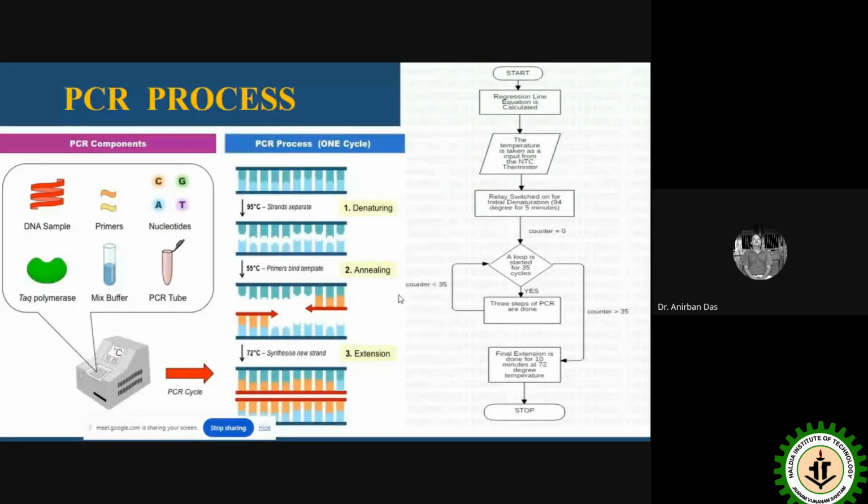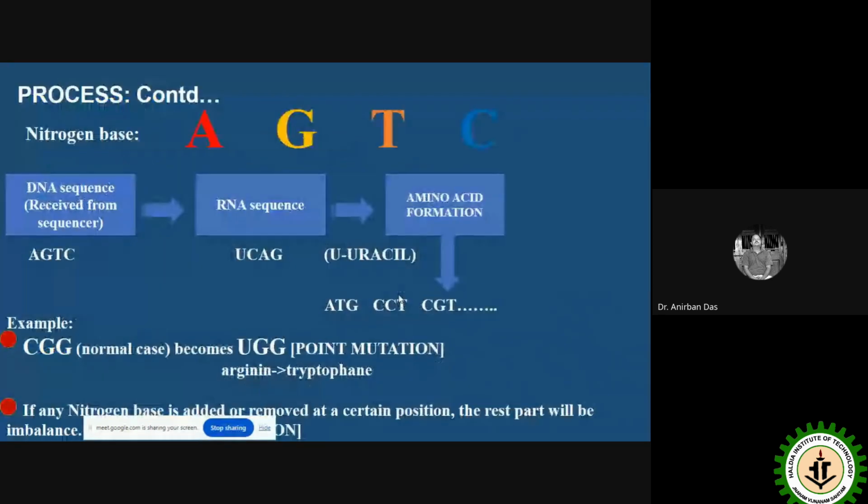I'm not going into detail on this. Basically, there are some components, and there are some phases through which the total solution should pass, and only from the outcome of this process will we get the DNA sequence. The DNA sequence is obtained from the sequencer, and as you remember, AGTC is adenine, guanine, thymine, cytosine.